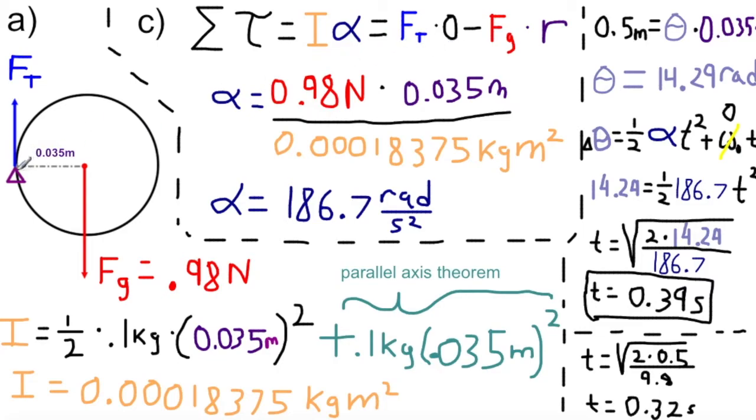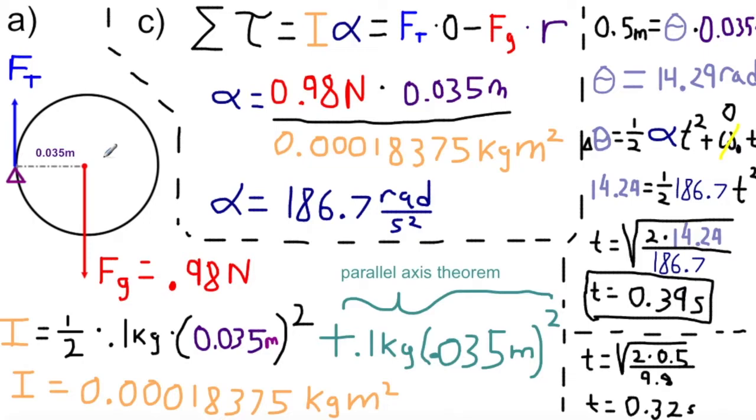You'll notice that for these problems any force at the pivot point won't provide any torque because r equals 0. And then minus the force of gravity times the radius, because the force of gravity is acting one radius away from the pivot point. That's a negative number, because that force of gravity would tend to unwind this yo-yo clockwise, and clockwise is negative on our unit circle.